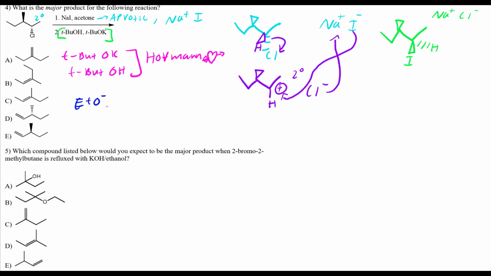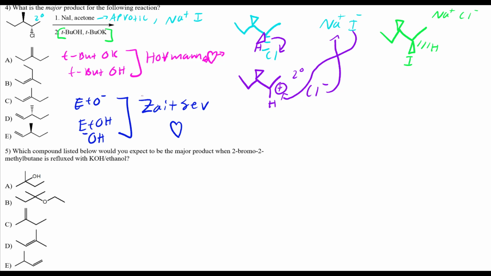That's going to be Zaitsev favored, or it could be ETOH, or anything with OH right there. So these are going to be Zaitsev favored, okay? If I spelled that right, let's just say I spelled it right, okay? And that's a bad heart.